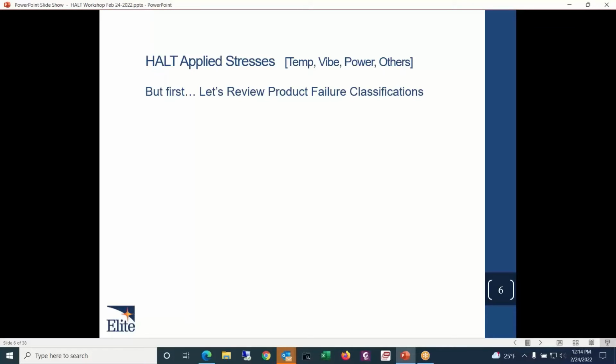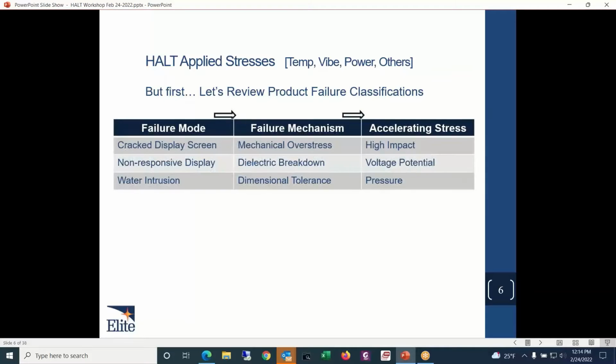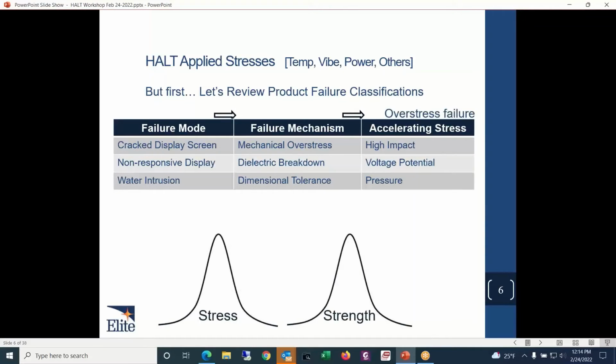But before we talk about stresses, one of the things I think is important in understanding HALT is to take a look at product failure classifications. One way to quantify or understand this is, when you're looking at your product and considering how it operates in its environment, to look at what failure mechanisms are acting on your device to create these failure modes.